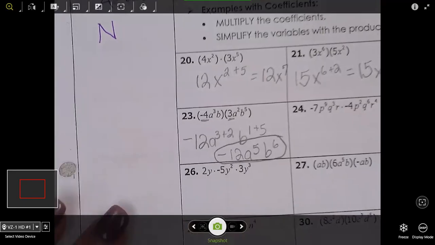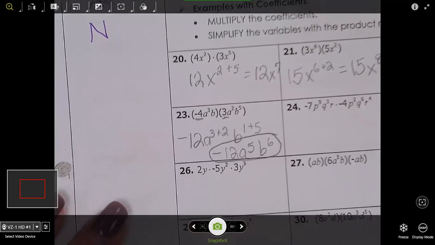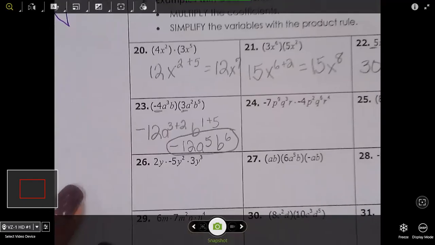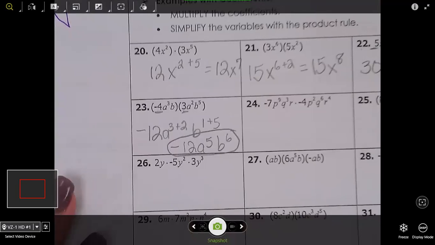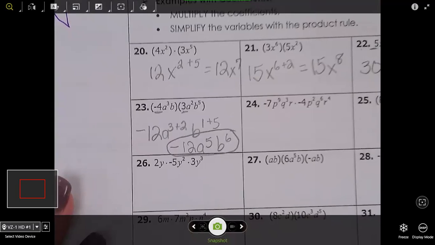Okay, you try number 24. You take a second and try number 24. Lil Phil, number 24. Then you're going to tell me what you got, Precious.